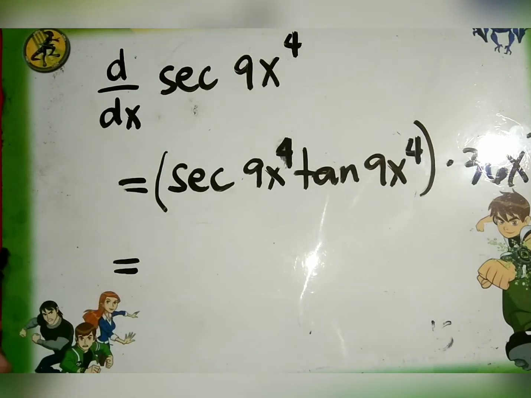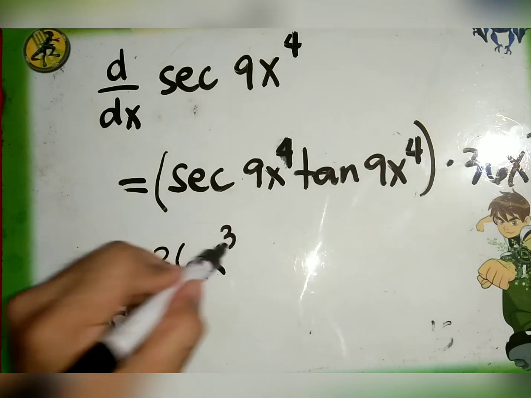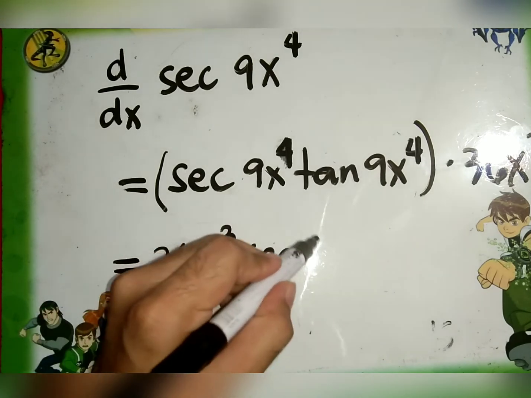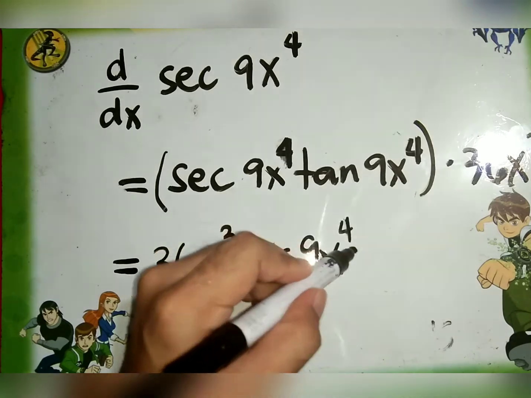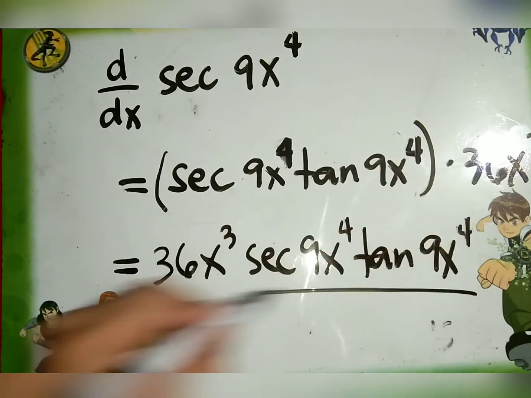So, the final answer is 36x cubed secant 9x raised to 4 tangent 9x raised to 4.